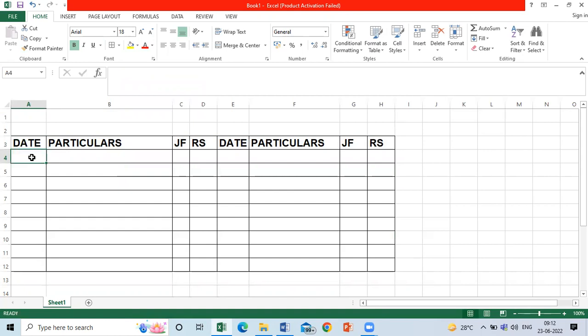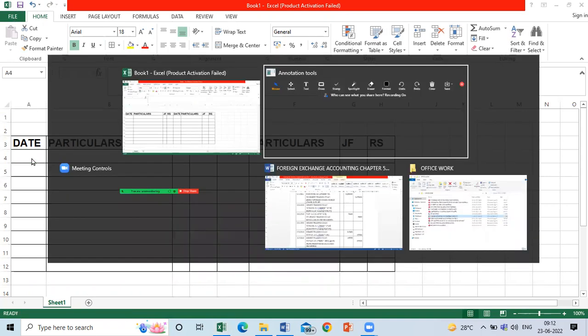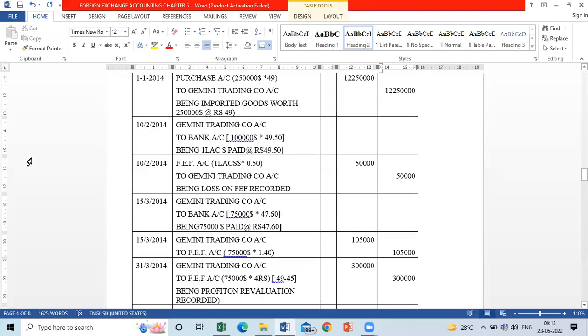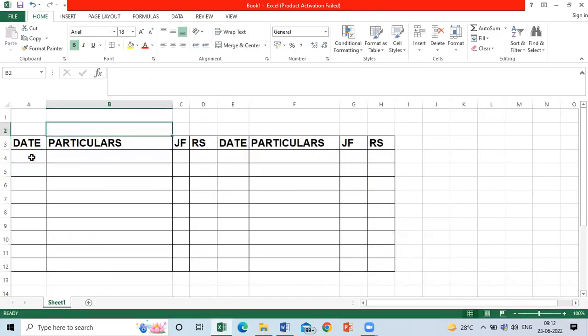I will look at the first entry now. This is my first entry, purchases to Gemini Trading Company. So here my heading will be Gemini Trading Company account.